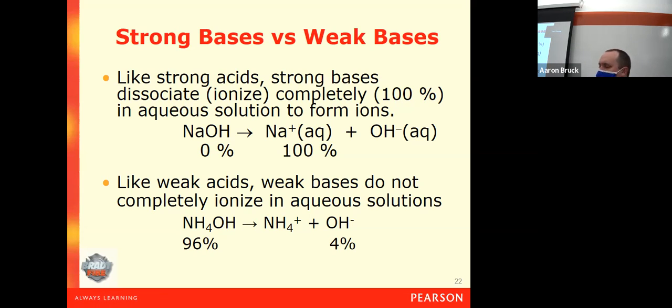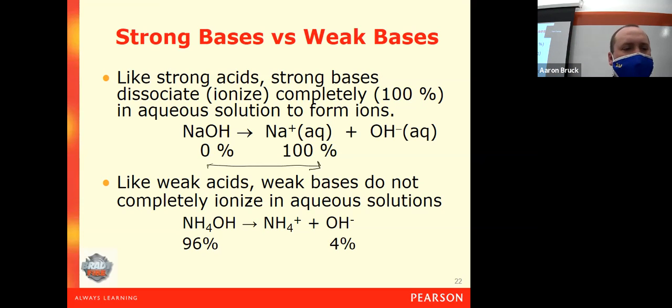We can classify bases based on strength, just like we classified acids. Strength of a base and strength of an acid are evaluated in the same way. It's all about ionization power. So for a strong base like sodium hydroxide, what we see is complete conversion.